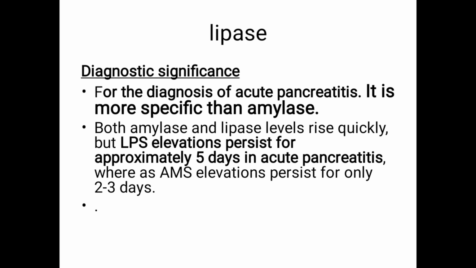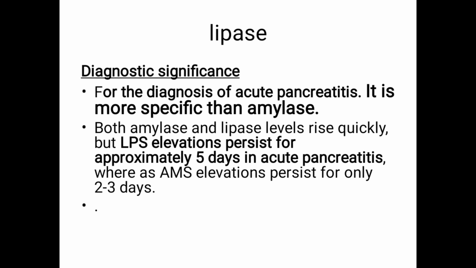So what is the diagnostic significance of lipase for the diagnosis of acute pancreatitis? It is more specific than amylase. This point you have to write if you are mentioning the lipase. So lipase is more specific than amylase in the diagnosis of acute pancreatitis. Usually if any pain is there, acute pancreatitis, they request for both amylase and lipase.